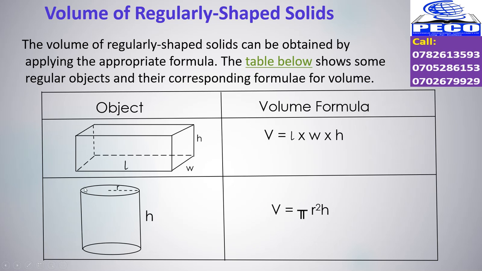Now this is the area of this circular surface here. So we multiply this area by the height, so pi r squared H, and we get the volume of the cylinder.